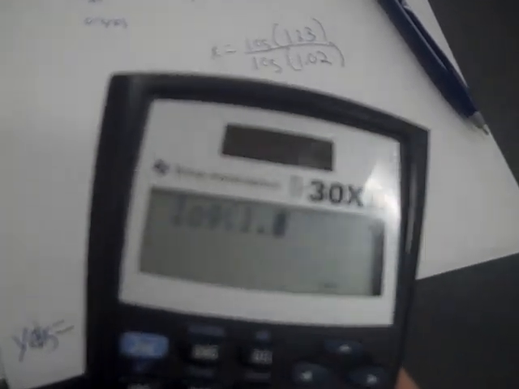Okay, so I put that in, and that's my answer. Log over log can be used to solve any exponential function for the independent variable. Well, that wasn't good. So log 1.33 divided by log 1.02, 14.4 years.